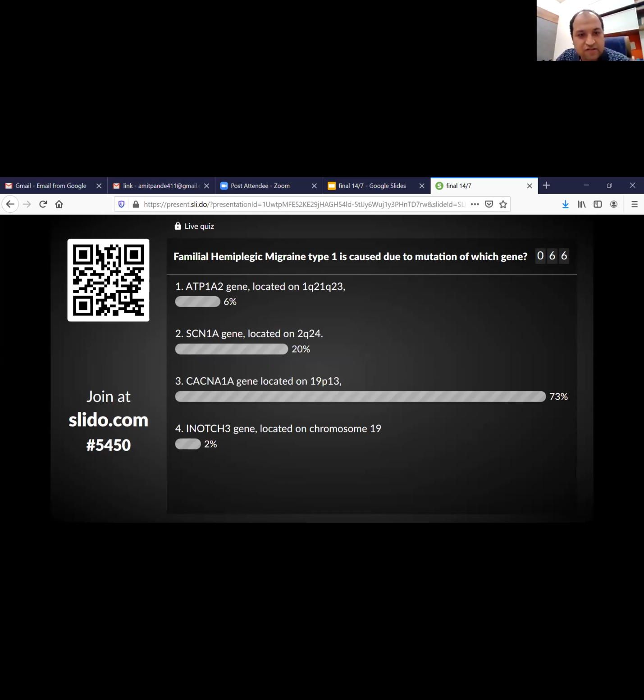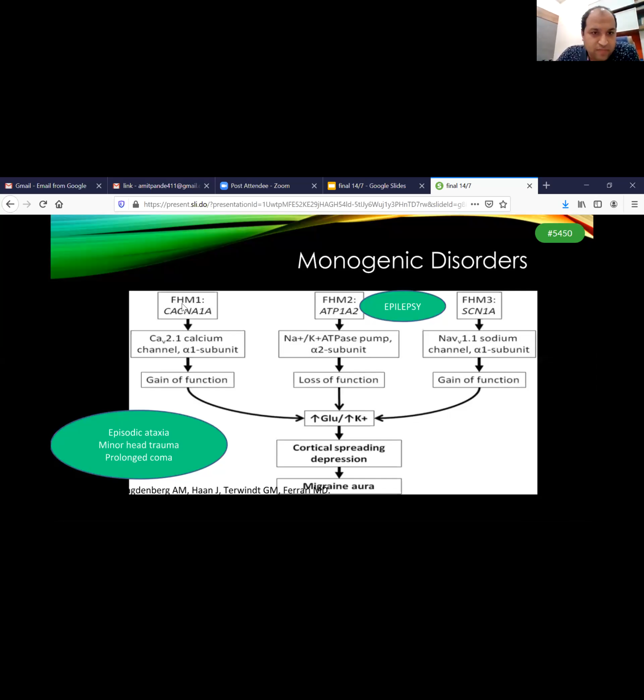The answer is CACNA1A gene. So you can see that familial hemiplegic migraine is associated with CACNA1A, and it is also associated with episodic ataxia, minor head trauma, prolonged coma. Familial hemiplegic migraine type 2 gene is the ATP1A2 gene and is associated with epilepsy. And FHM3 is associated with the SCN1A gene.